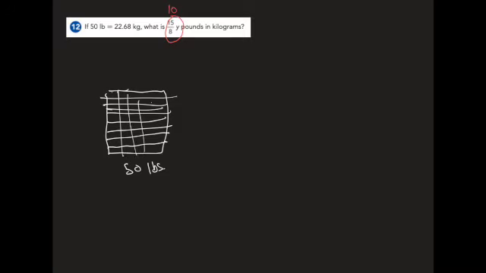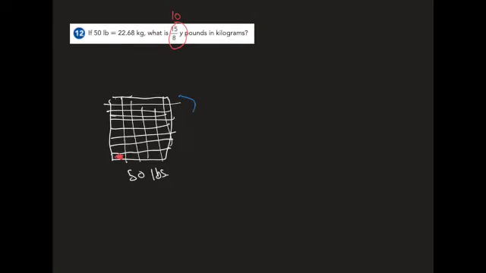So let's pretend that I'm just breaking it up into these little 1 pound pieces. And each of these pieces is going to be equal to each other. So if this whole thing is not only 50 pounds, but it's 22.68 kilograms, this little piece here isn't just one part of 50, it's also one part of the whole 22.68 kilograms.